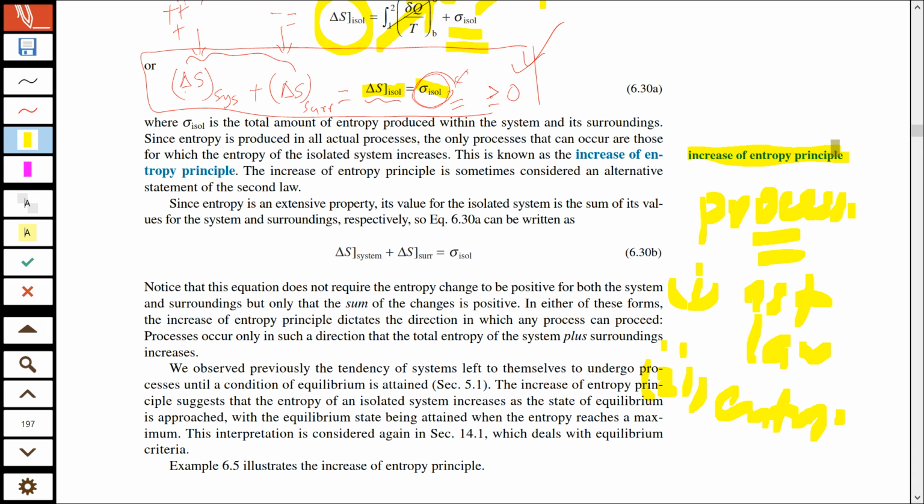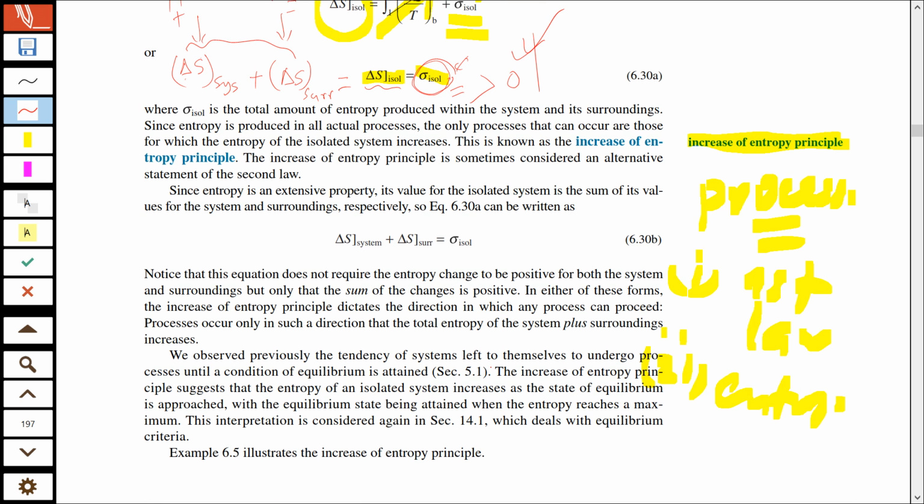For any real process, because you know that a reversible process is only ideal, any real process must have irreversibilities. So for a physical process, this must be positive. It cannot be zero because zero means ideal, and ideal is not possible.